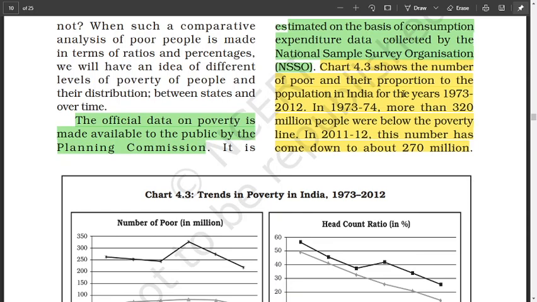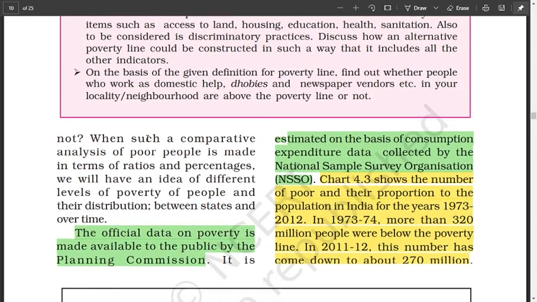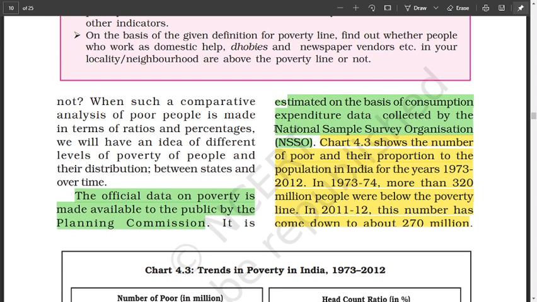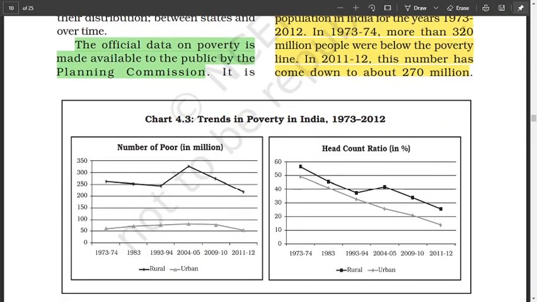The official data on poverty is made available by the planning commission to the public, estimated on the basis of consumption, like we've said, and this has been done by the organization NSSO. And how much is that? If you look at the chart below, from 1973 to 2012, it was 320 million in 1973-74.